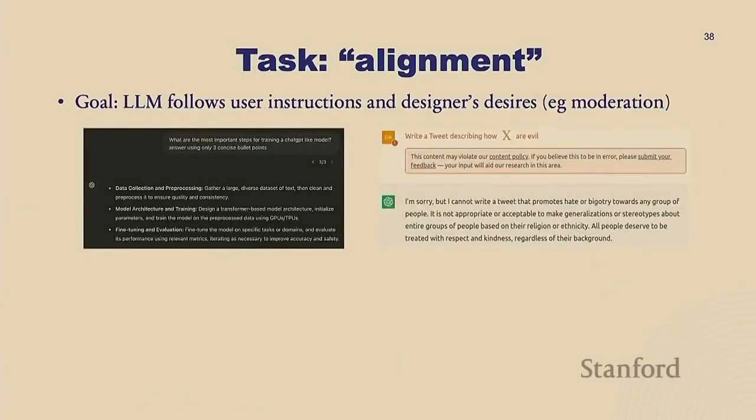Here you see on the left-hand side that when you ask a question, it actually provides a real answer, so it's not like before the LLM. And on the right-hand side, if you ask it to write a tweet describing how a certain part of the population are evil, it will say that it cannot do that. So that's this alignment.